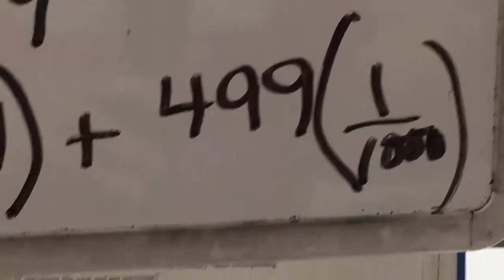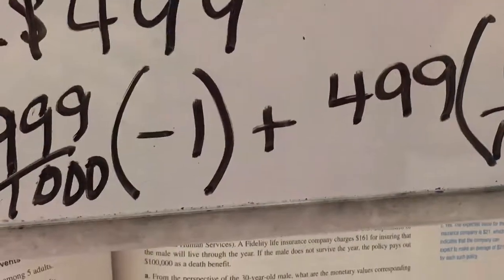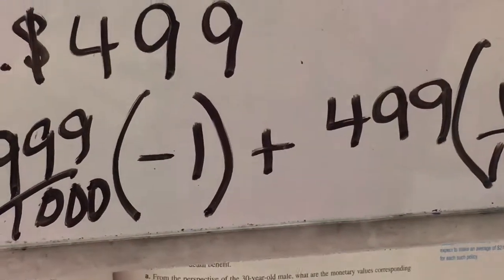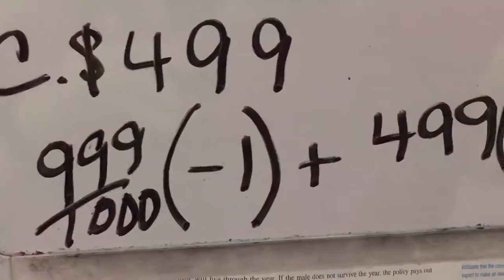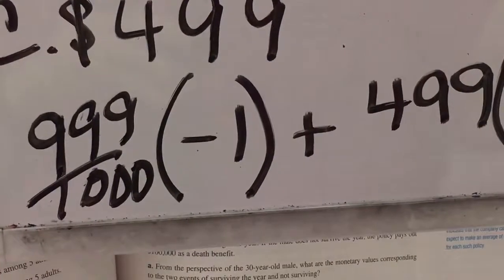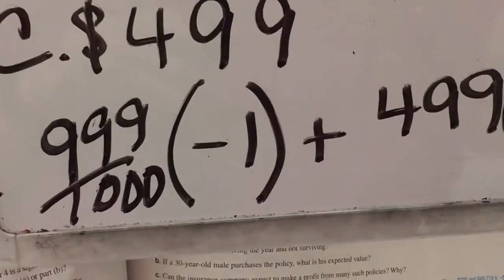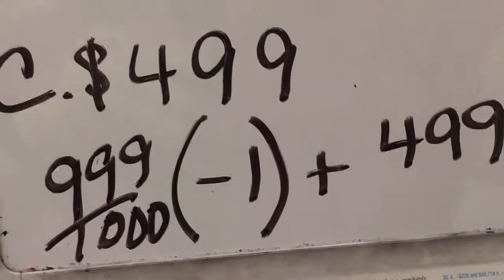And when we do that math, we get -500 over 1,000, which is -0.5, or -50 cents on the dollar. Every time we pay $1, we can expect to lose 50 cents.